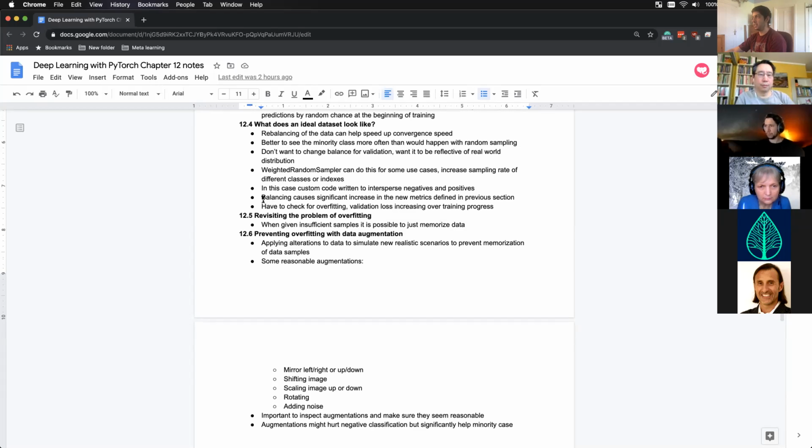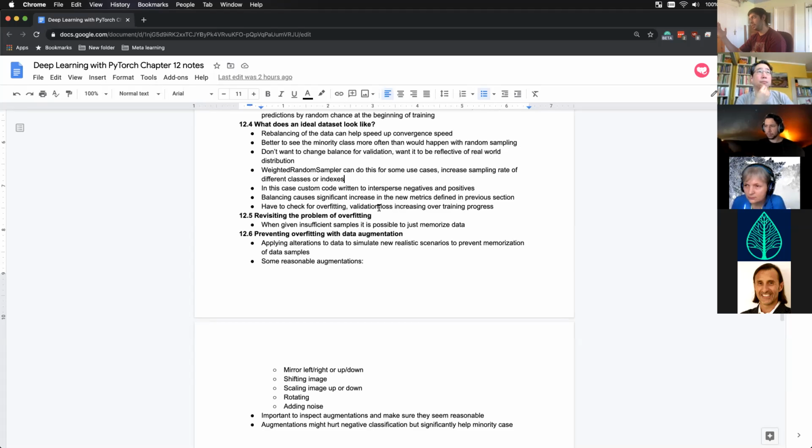One of the things to keep track of is you might want that on the training set, but you don't want to change the distribution on the validation set. You want your validation set to still be indicative of the real world distribution. You just want your training distribution to be different. That's a common mistake that I've seen, especially on Kaggle.